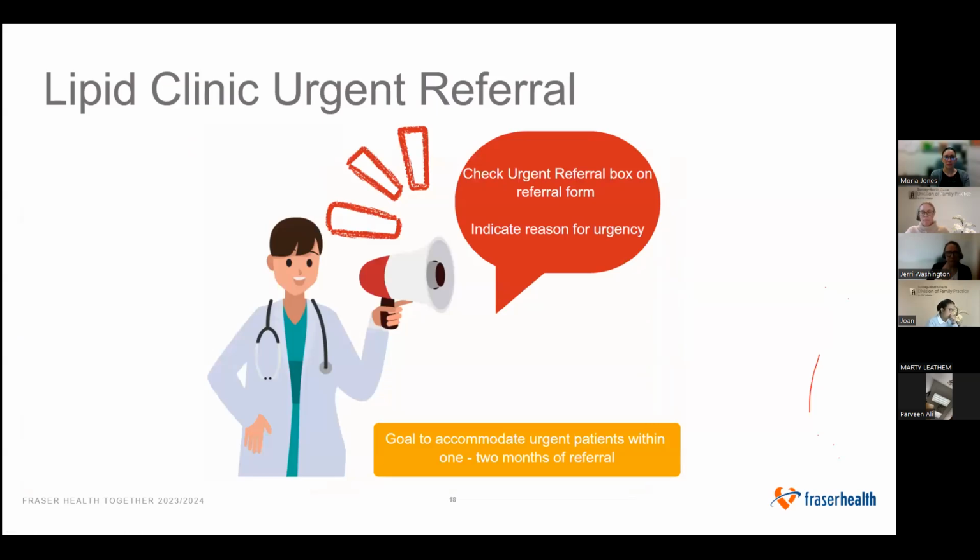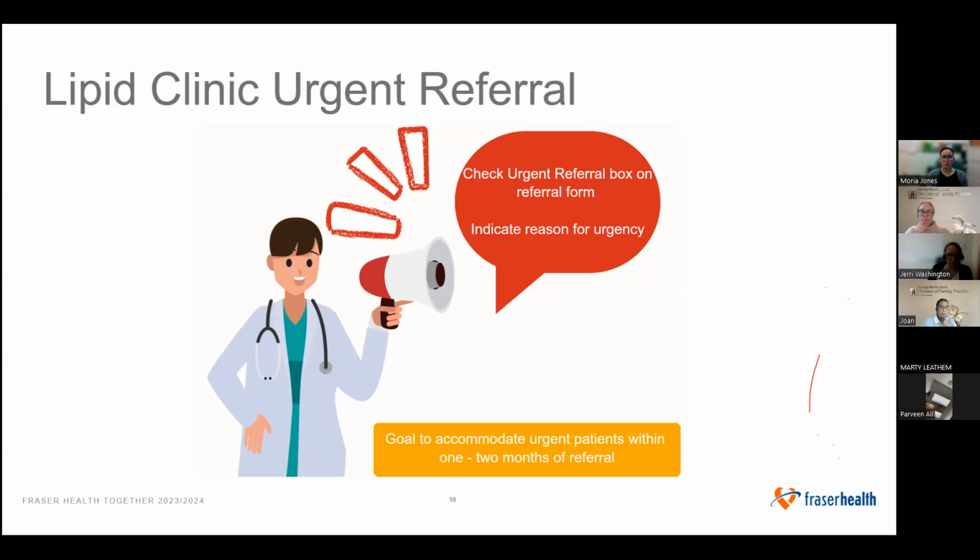Okay, so just a little bit about urgent referrals. Again, you need to clearly indicate that it is an urgent referral. Reasons for urgent referral would include pregnant women with dyslipidemia, clients that have had a recent myocardial infarction with suboptimal lipid control and/or a need for our injectable medications, or clients that have triglycerides greater than 20.